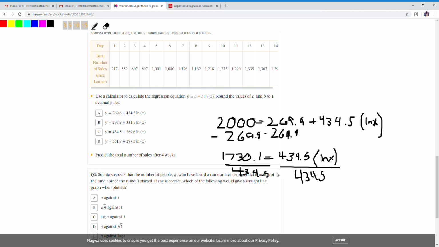And 1,730.1 divided by 434.5 is going to get us approximately 3.98. Ooh, that was not a pretty 8. I apologize. Writing on a screen with your mouse, believe it or not, is not the simplest thing I have ever done in my life.